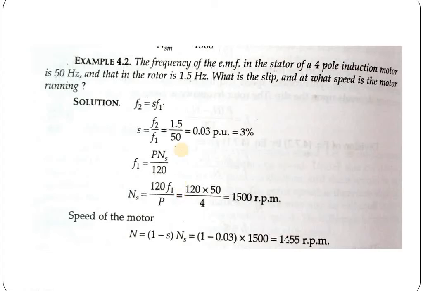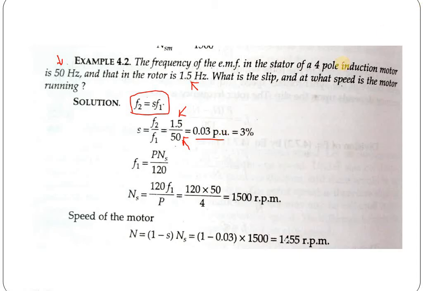So, in this problem, frequency of supply is given, that is 50 Hz, and rotor frequency is also given, that is 1.5 Hz. And we know that fr equals s into fs. So, this is 1.5 and this one is 50. So, we are getting that s equals f2 by f1, that means f2 is 1.5, the rotor frequency, and f1 is the stator frequency. So, we are getting that the value of slip is 0.03 per unit or 3%.